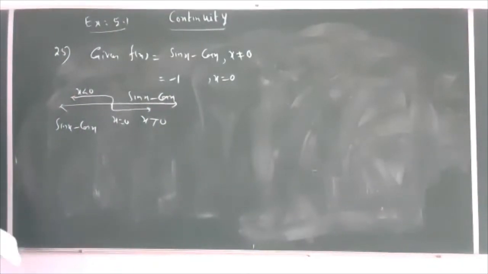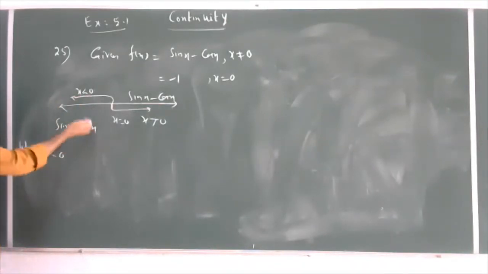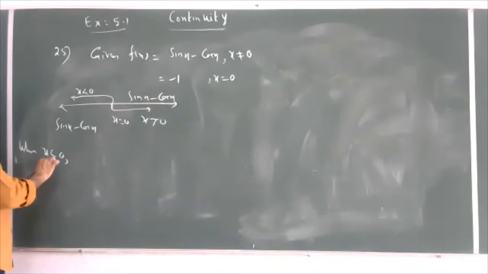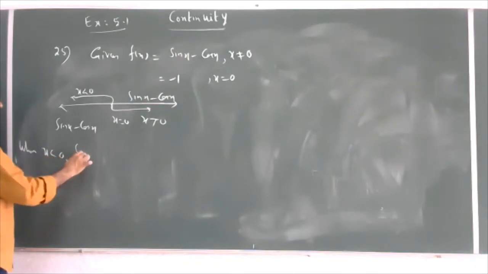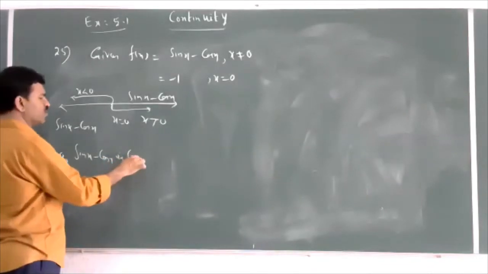Listen to me. First condition. When x is less than 0, sin x is continuous on R, so it is continuous for x less than 0. Cos x is continuous on R, so it is continuous for x less than 0. So when x is less than 0, sin x minus cos x is continuous, no doubt.